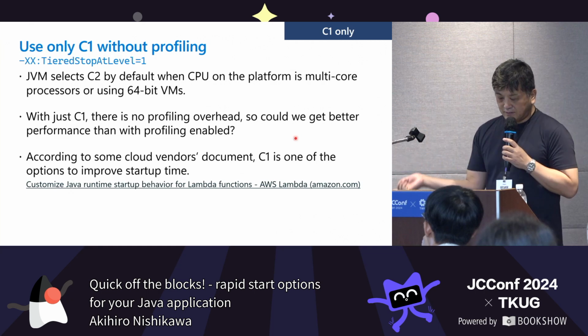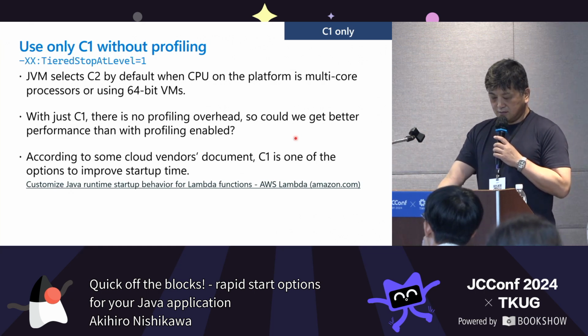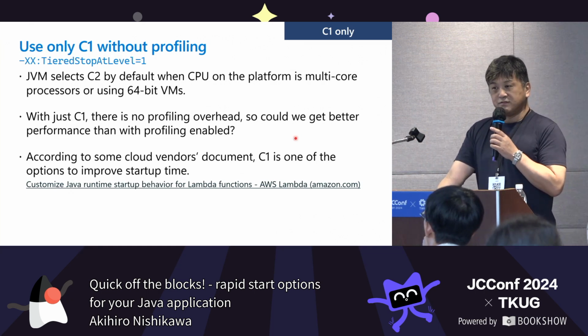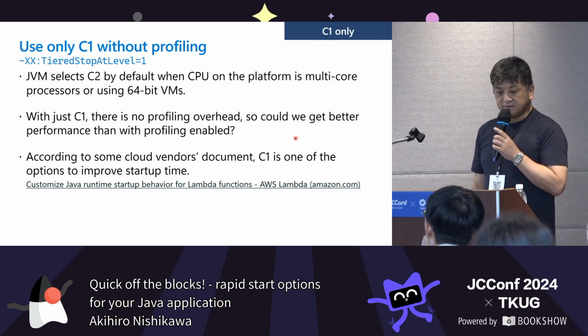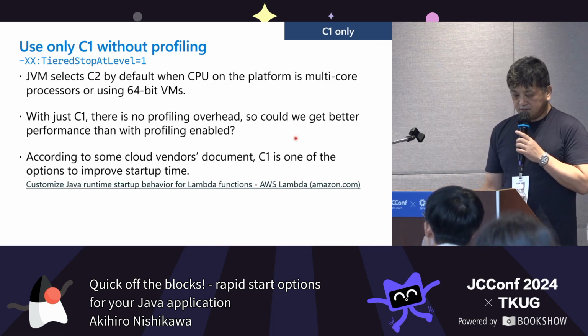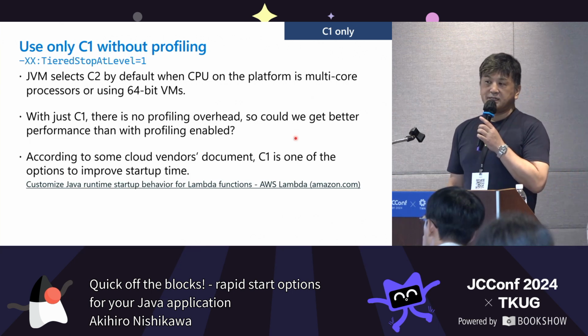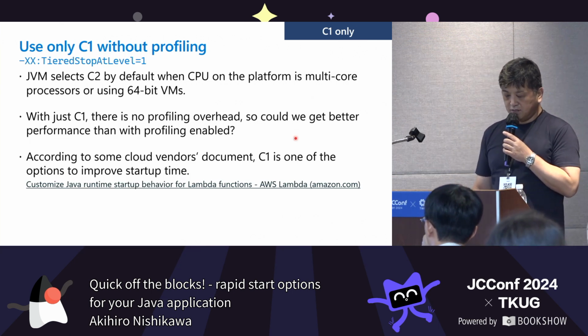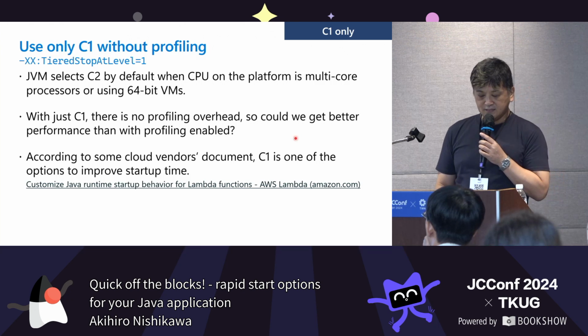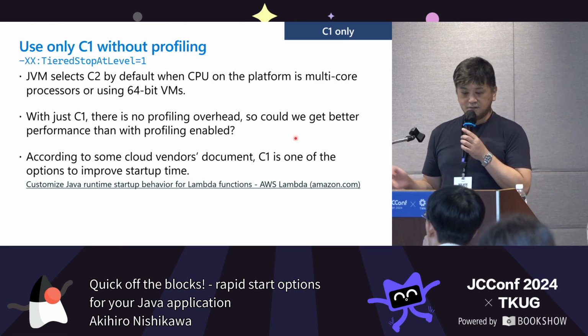And the next option is C1 only. With just C1, there is no profiling overhead. So could we get better performance than with profiling enabled?